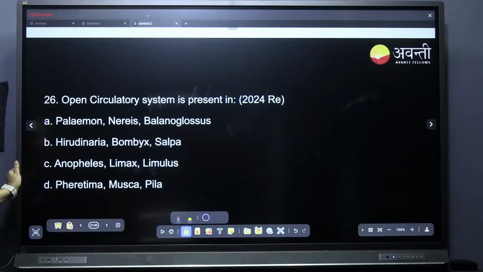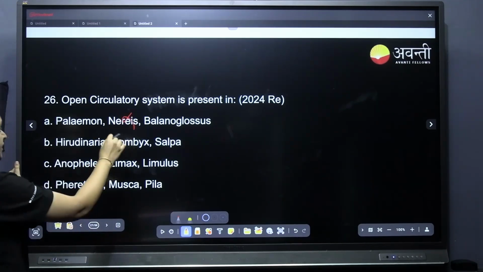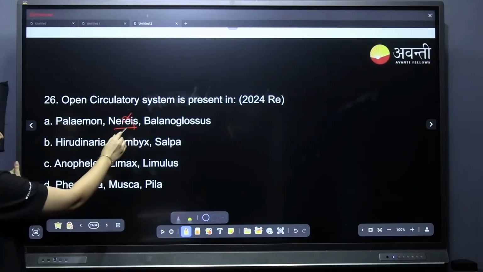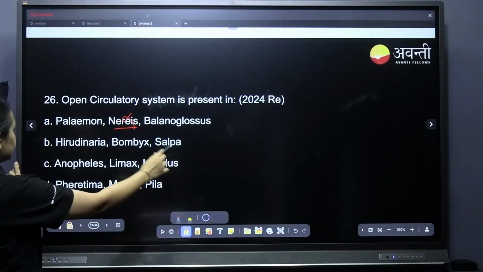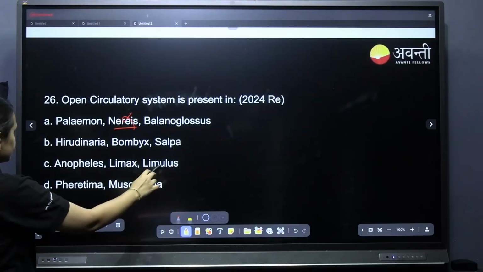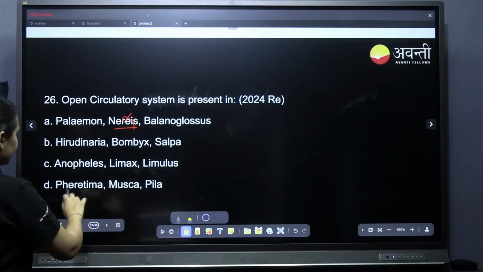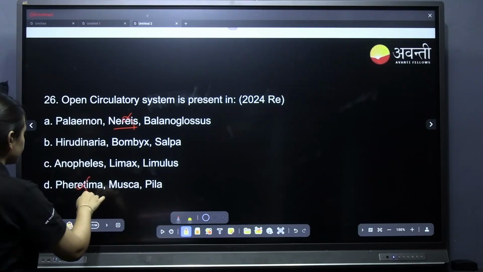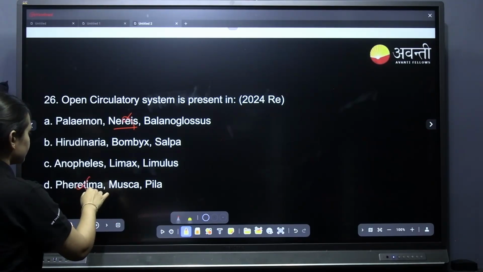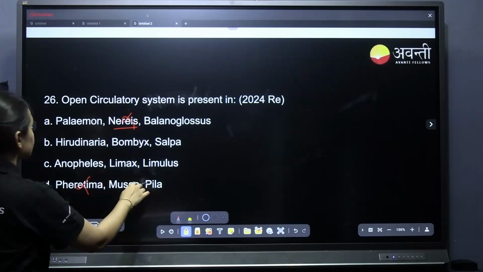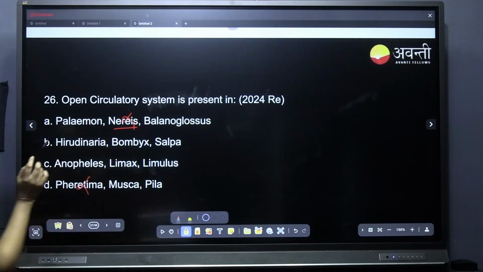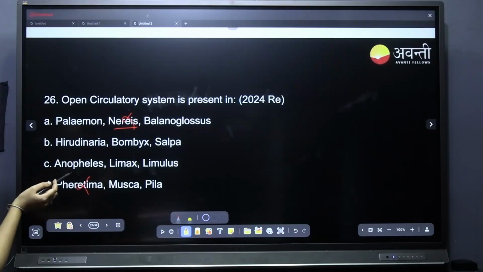Open circulatory system is present in which? Nereis is an annelid, so it has closed circulatory system. And Pheretima, no. Pheretima has closed circulatory system.